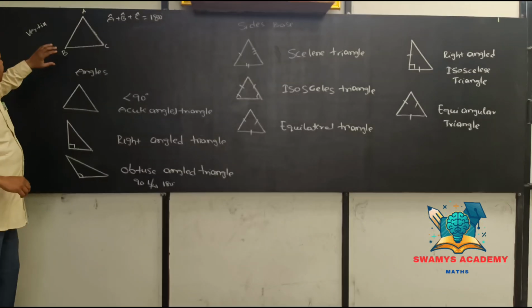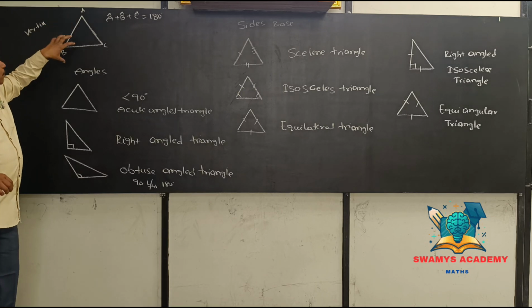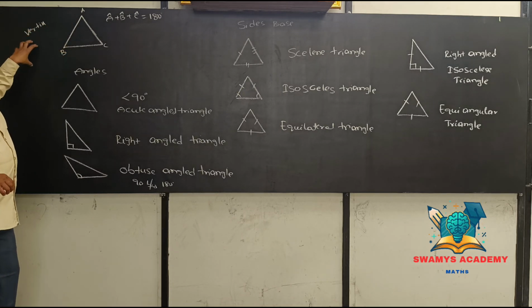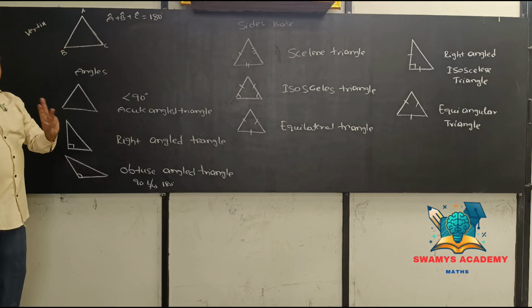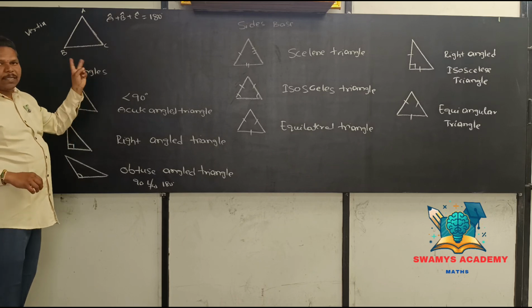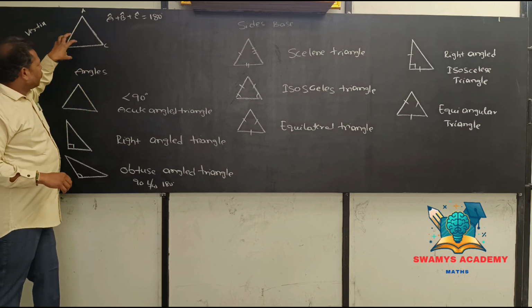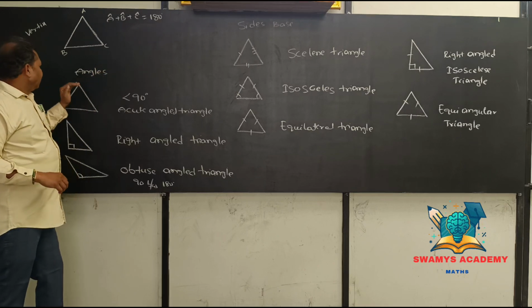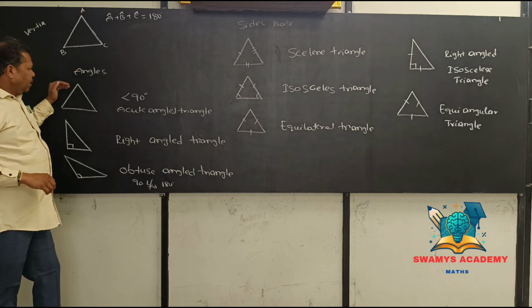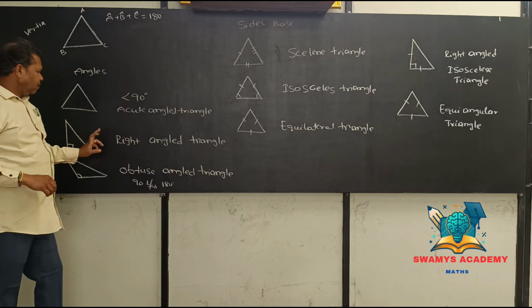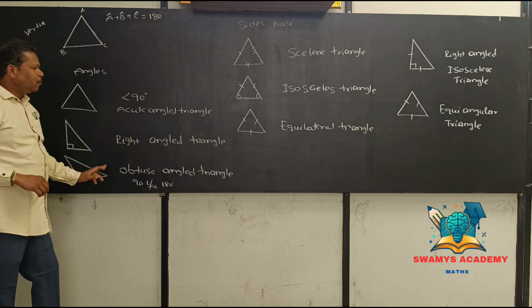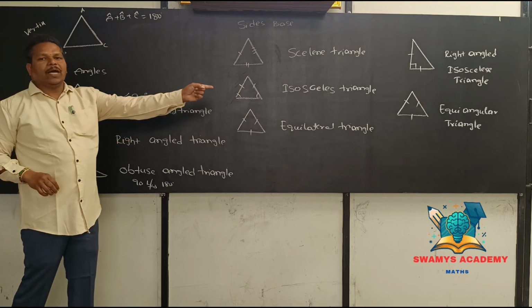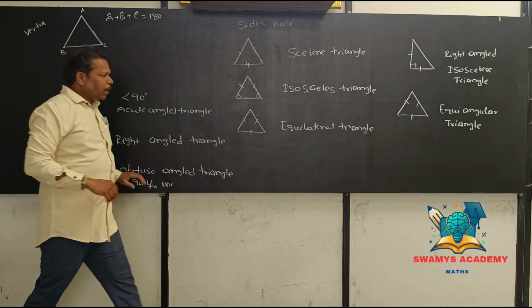Once again, a figure bounded by three line segments is called a triangle. In a triangle, there are three vertices, three angles, and three sides. The sum of three angles in a triangle equals 180 degrees. When it comes to angle-based, acute angle triangle, right angle triangle, obtuse angle triangle, equiangular triangle.